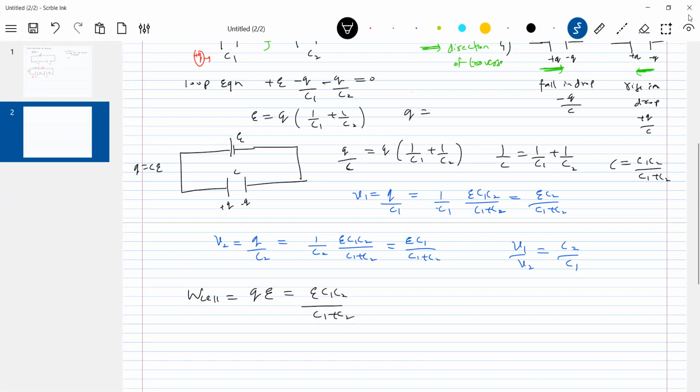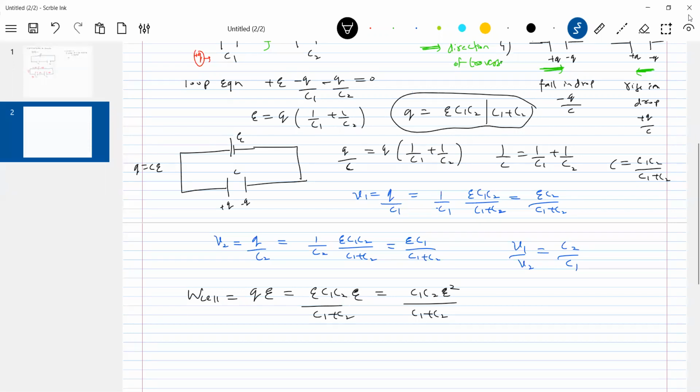If you want, I'll write it separately. Into E, no? So this should be equal to C1 C2 E square by C1 plus C2. This much is the work done by the cell.